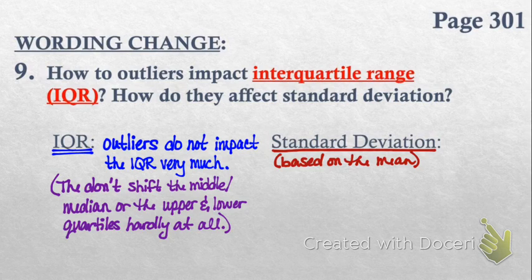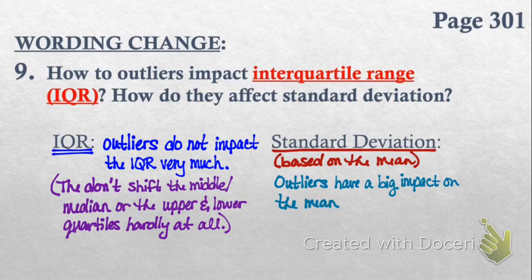They do. Outliers have a big impact on the mean, and so they also have a big impact on the standard deviation.